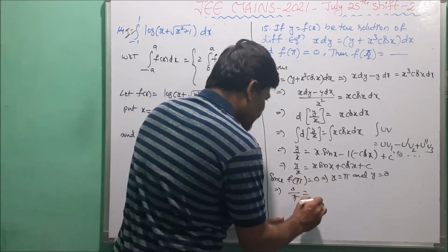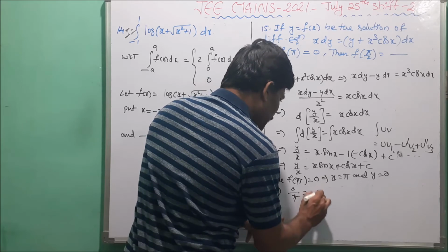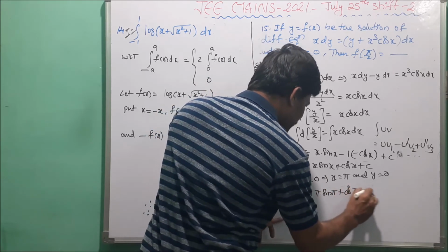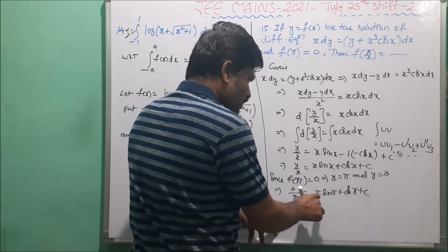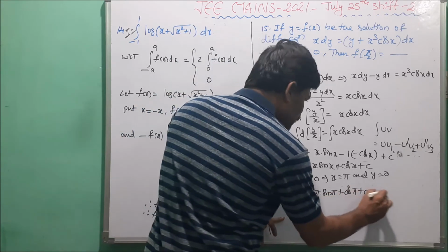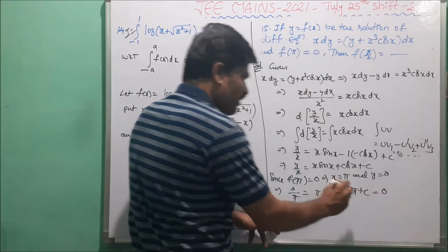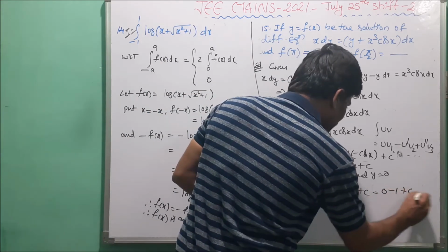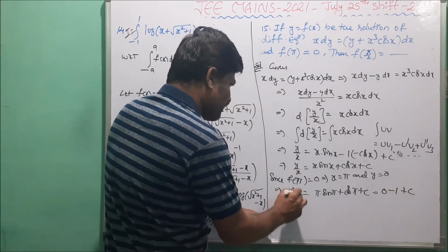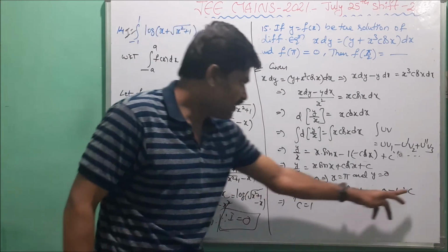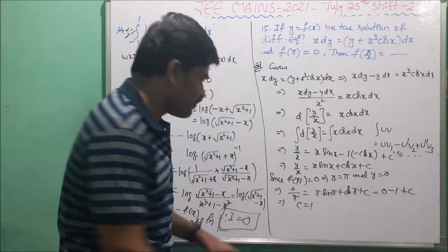On the right side, x sin x with value pi: pi into sin pi plus cos pi plus c. Sin pi value is 0, so pi into 0 is 0. Cos pi value is minus 1 plus c. Now this is also 0. Therefore c minus 1 equals 0, that means c equals 1.